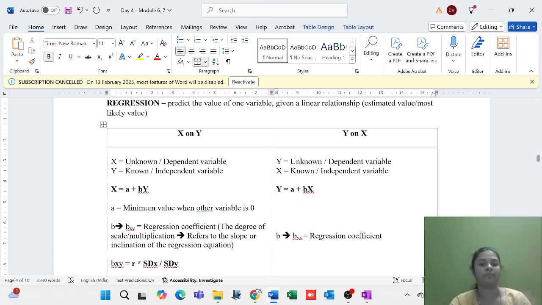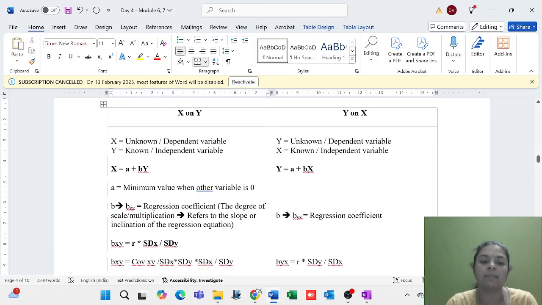Okay. Now what is b? This a is a constant value. What is this b? This b is the regression coefficient, which is nothing but the degree of multiplication or the slope of the variable. The slope of the variable. Okay.